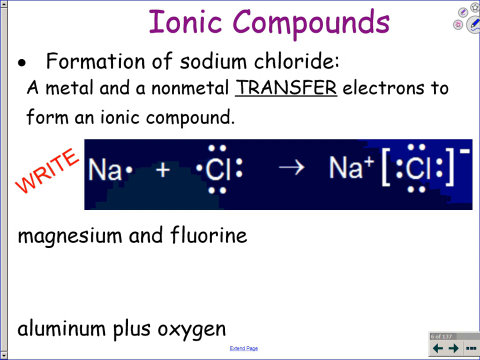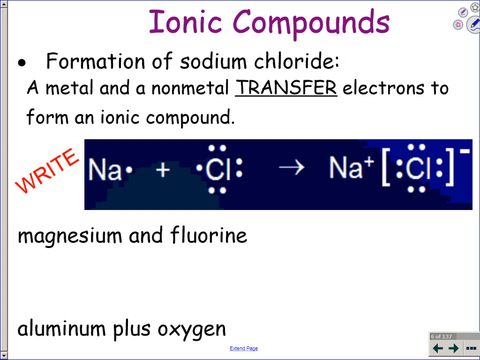Every trend we can mention is why sodium is going to give up electrons to chlorine, not the other way around. We don't want to say it's because one has 1 valence electron or the other has 7, because that's not really the reason. The trends are the reason for this transfer.